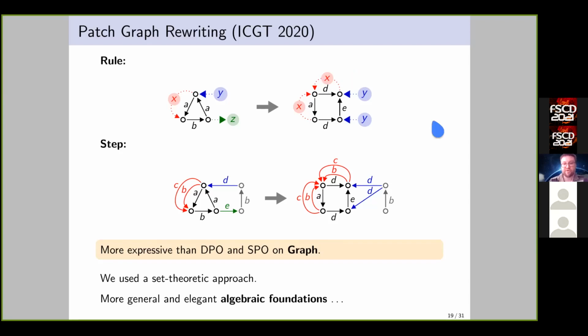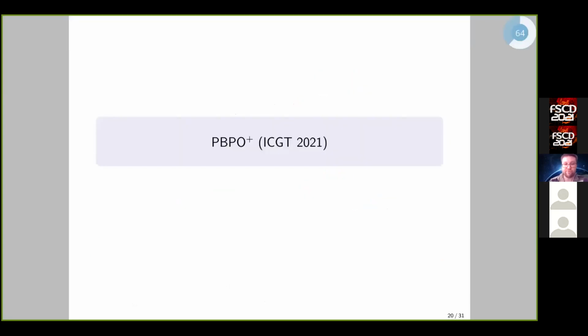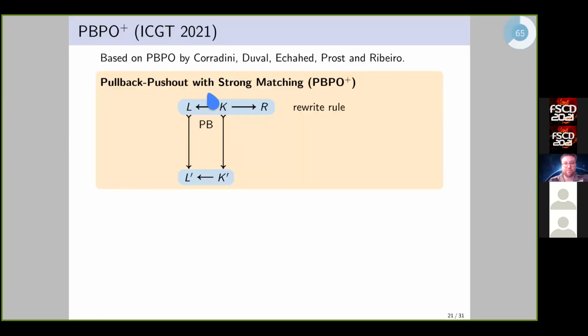And we presented such a framework this year at ICGT. It's called PBPO plus, so pullback pushout plus. Pullback pushout, and the plus stands for strong matching. As the name already suggests, we base ourselves on an existing approach, PBPO, by Corradini and colleagues. And I will explain what it means that we extend this with strong matching.